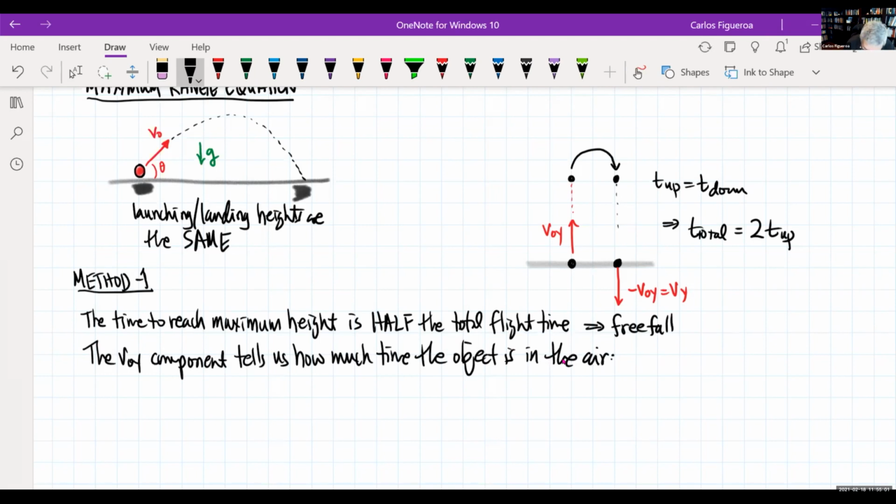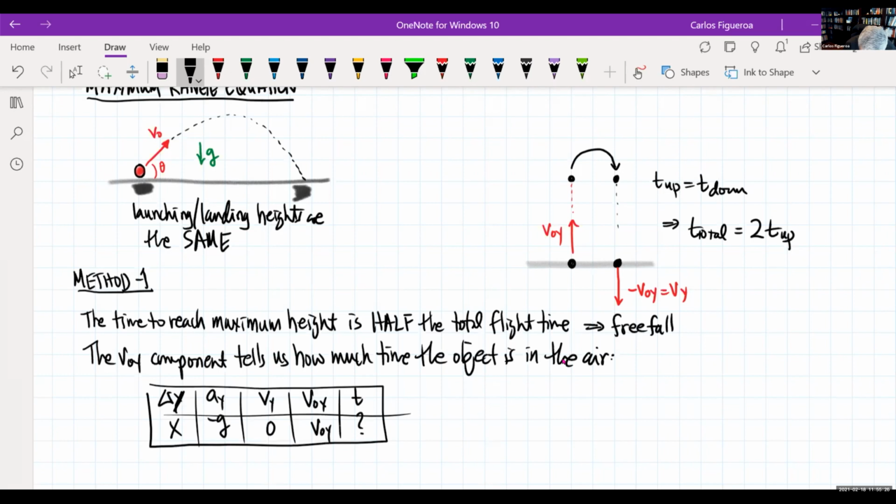So when I set up my table and I start to look at how I calculate my time, right? I don't know what the maximum height is, but I want to figure out what my time is here.